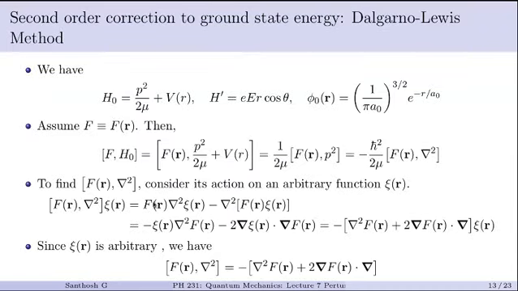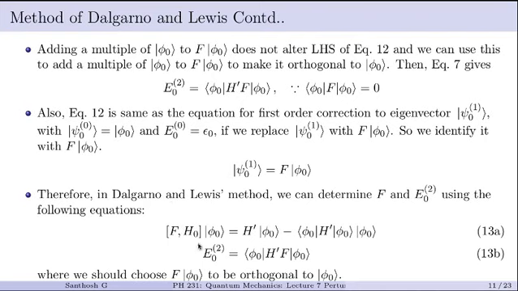To simplify matters, we first assume that f is a function of the position operator only, and in the position representation this will be a function of the position vector. Then we need to compute the commutator of f with H0.